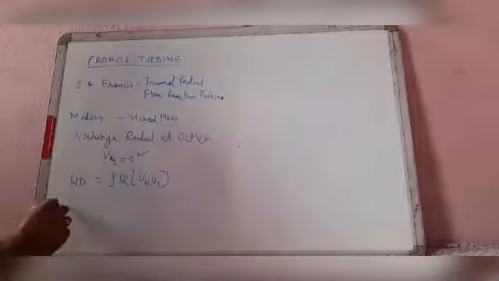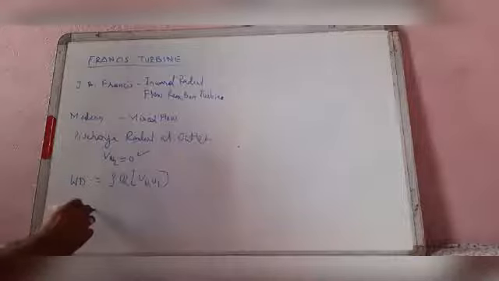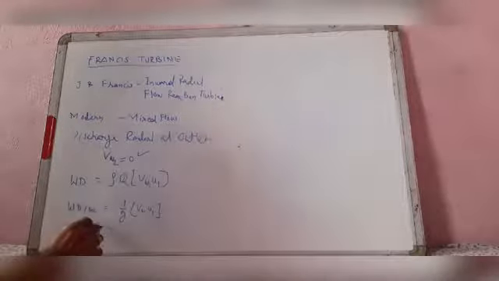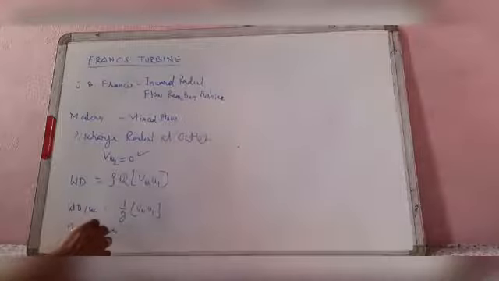The work done per second per unit weight of water striking per second is 1 by g VW1 U1, and hydraulic efficiency is equal to VW1 U1 by gH.